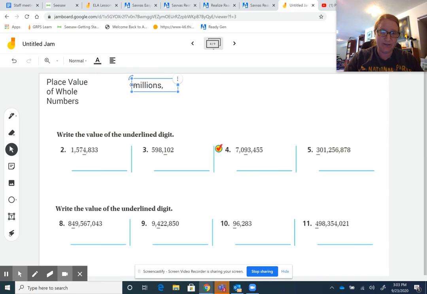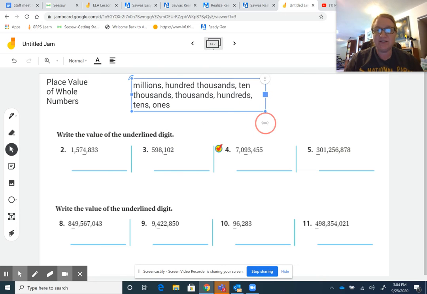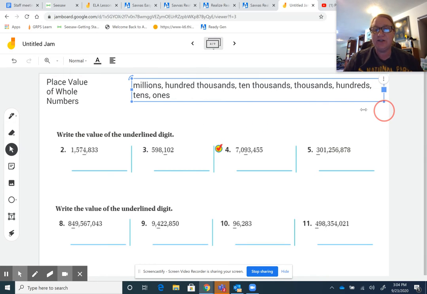So we have millions, then we have 100,000, then we have 10,000, then we have thousands, then we have hundreds, then we have tens, then I can't spell tens, then we have ones. Now I'm looking ahead at some of these and it looks like I need to go up even higher. So let me make this a little bit smaller. I guess we'll just start right there.